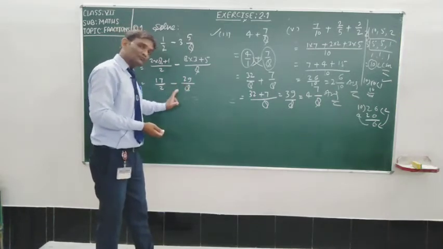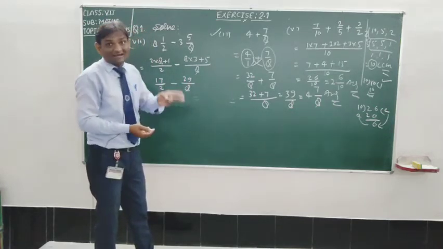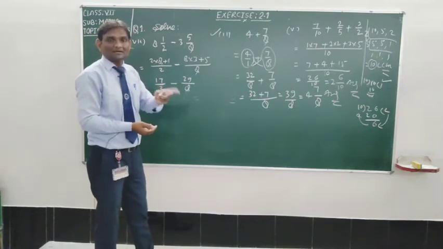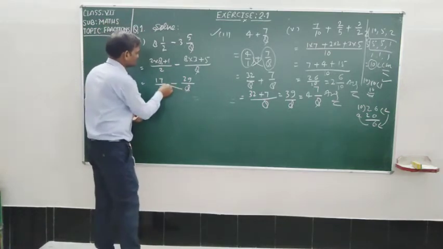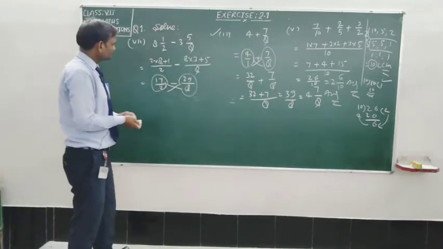For the two fractions, if we need to make the denominator same, we apply the cross multiplication method. I have told you, student, already.